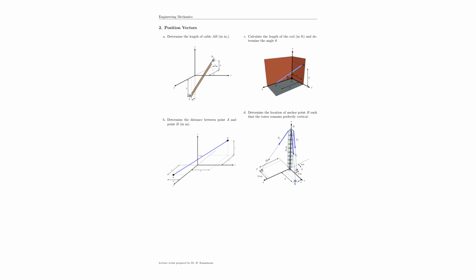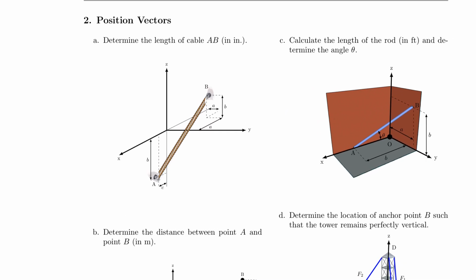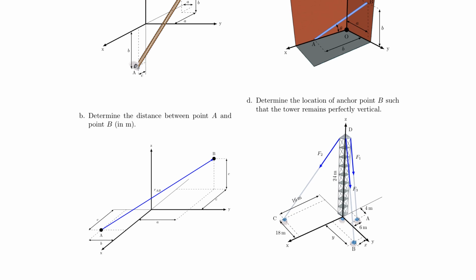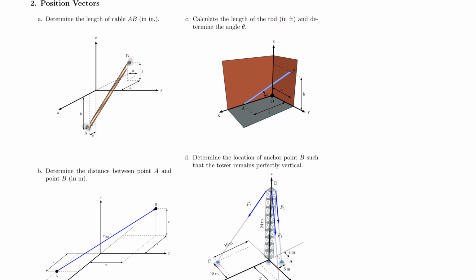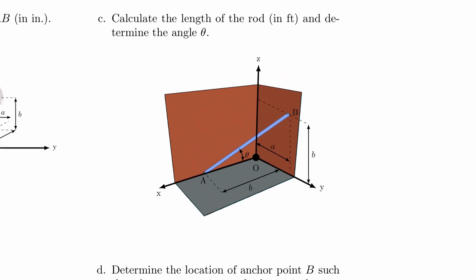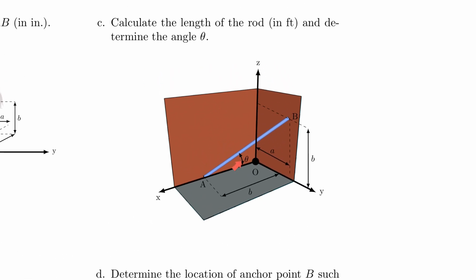In those homework problems, you now use position vectors so that you actually define the lengths of some ropes here in this case. So the length of this rope here will be asked of you, and then also the distance between these 2 points in problem B. And same is true here for problem C, except now in problem C you're supposed to determine really the angle that is between this force and the x-axis.